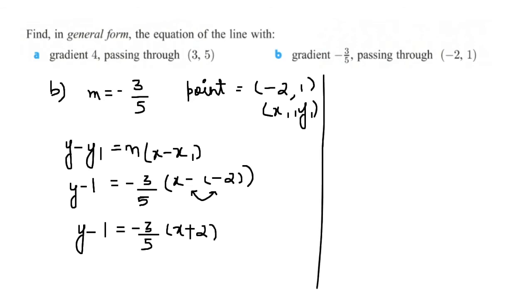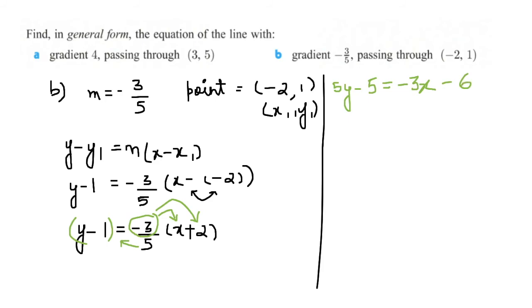Solving further, I'll cross multiply. So I'll multiply 5 on the left hand side, and with x plus 2 I will multiply minus 3. This will be 5y minus 5 is equal to minus 3x, minus 3 times plus 2 gives me minus 6.